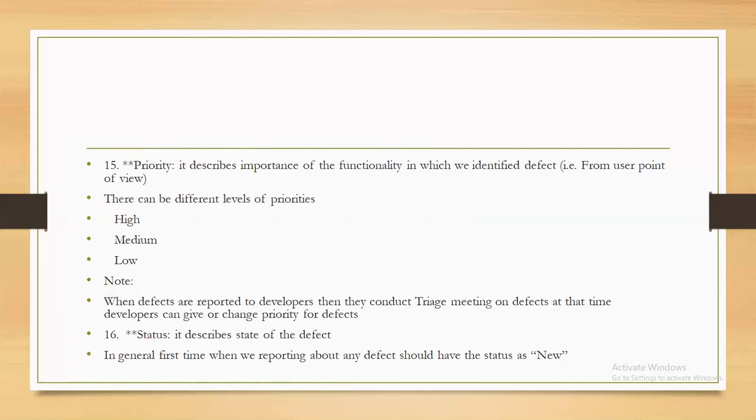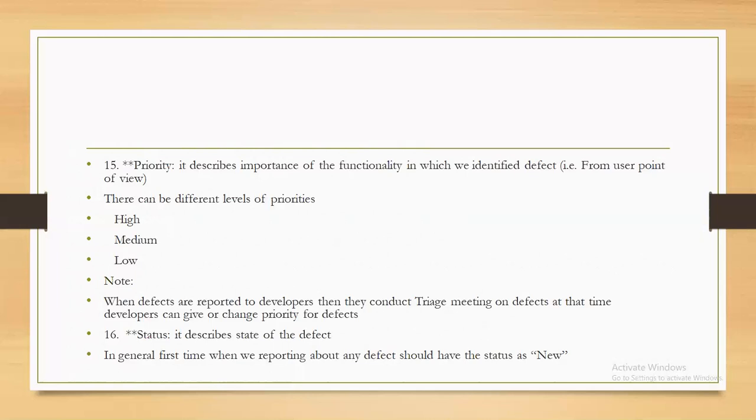There can be different levels of priorities: high, medium, low. I give a note here. When defects are reported to developers, they conduct a meeting called a triage meeting on defects. At that time, developers can give the priority, or if already given, they can change the priority of the defects.